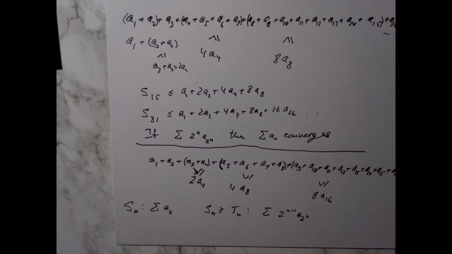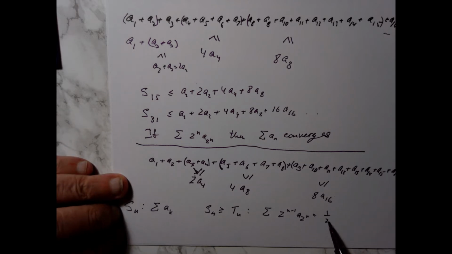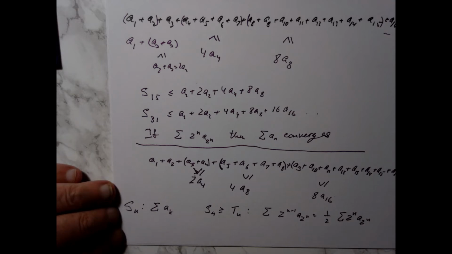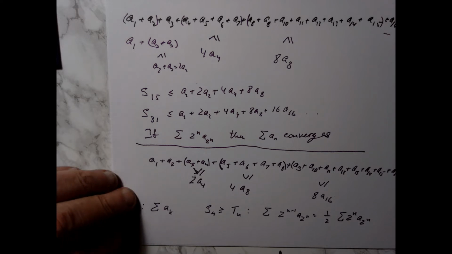Well, it shouldn't, because this 2 to the n minus 1 is the same thing as 1/2 times the sum of 2 to the n A sub 2 to the n. Okay, so the point is that if this series diverges, this series diverges, and if this series converges, then this series converges. And this is a remarkable theorem, and let's do a few applications of this theorem very, very quickly.